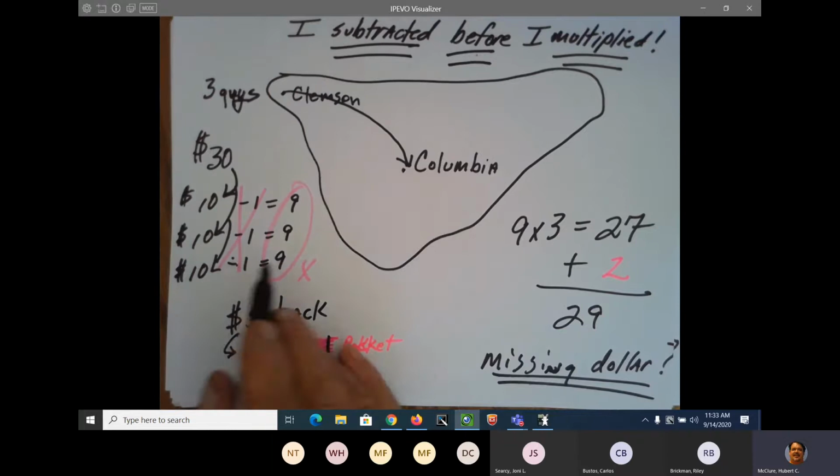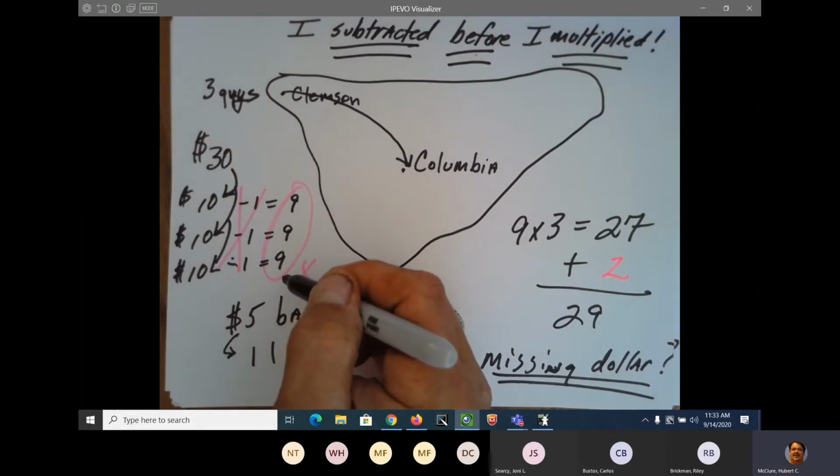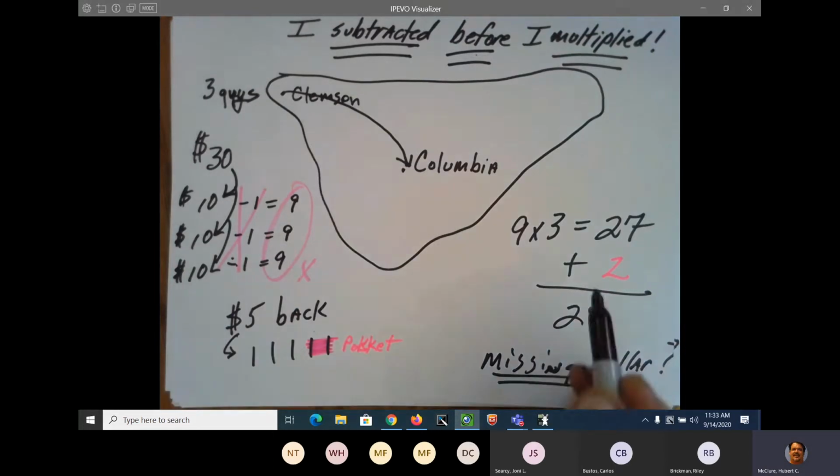I subtracted and then I multiplied. You can't do that. That's how I got these numbers to do what they did. If you take 30 and minus 5, you get $5. Period. There is no missing dollar.